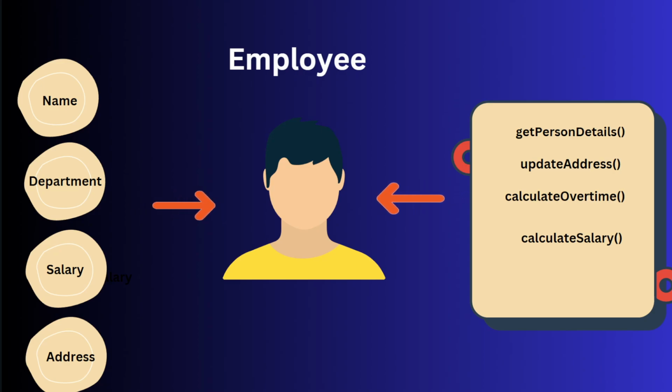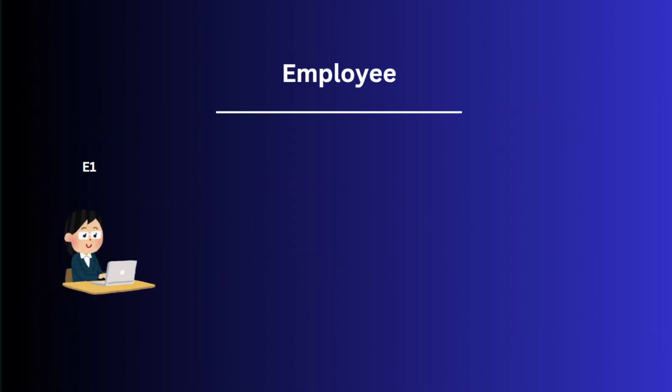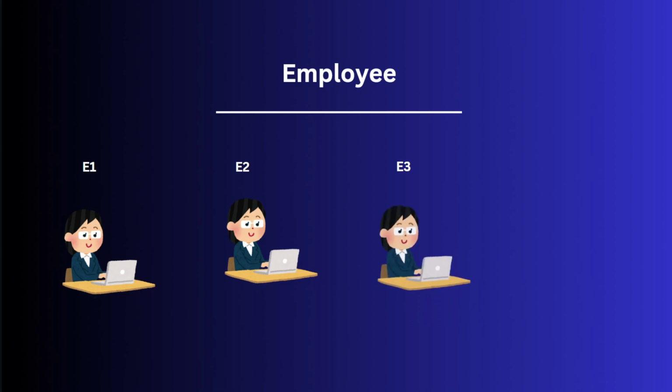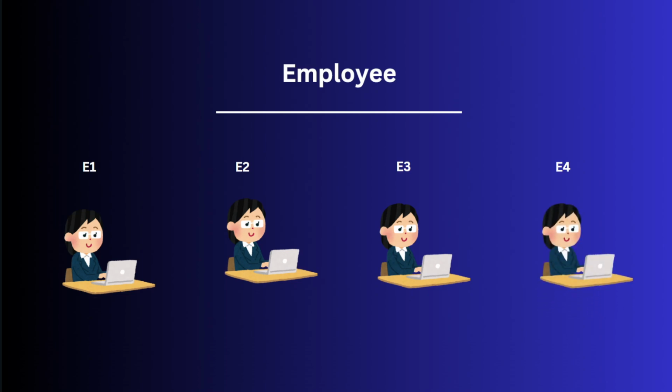When these variables and functions are combined together, we have this class, and using this class we will be able to create multiple employees. Here I'm creating instances e1, e2, e3, e4. These will all be my employees, and all will follow the same structure we created in the class Employee.